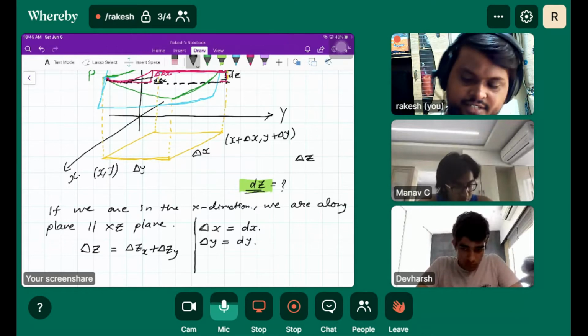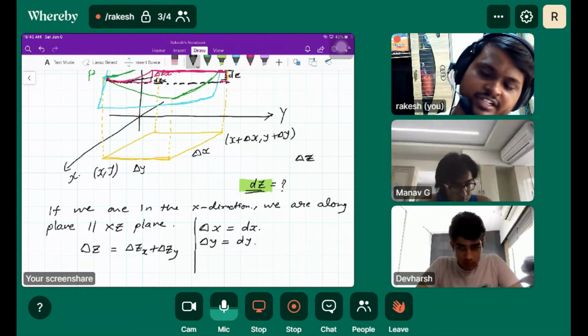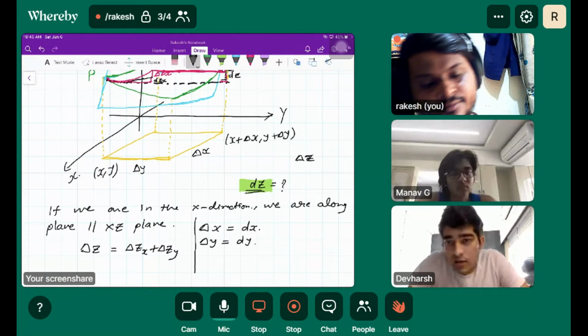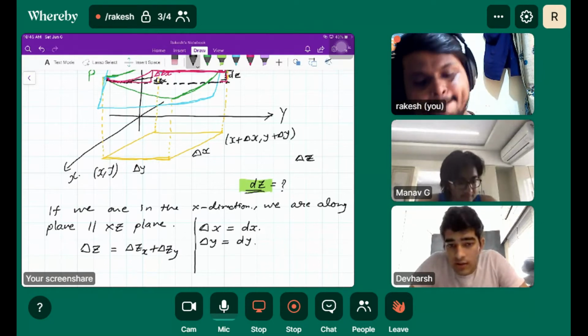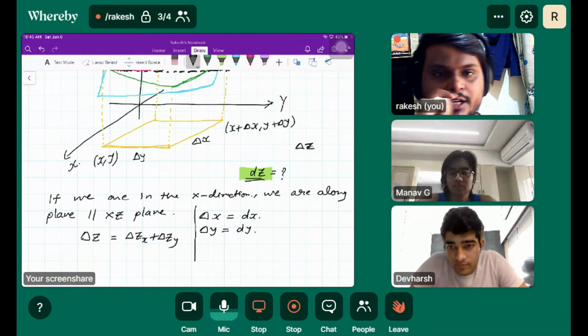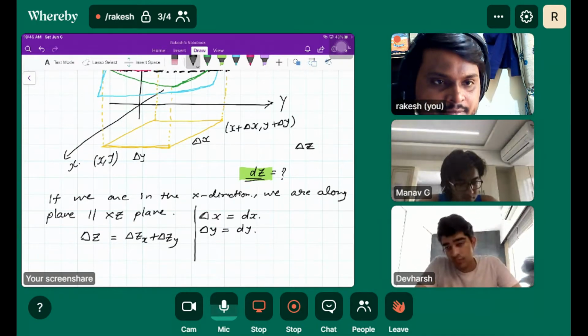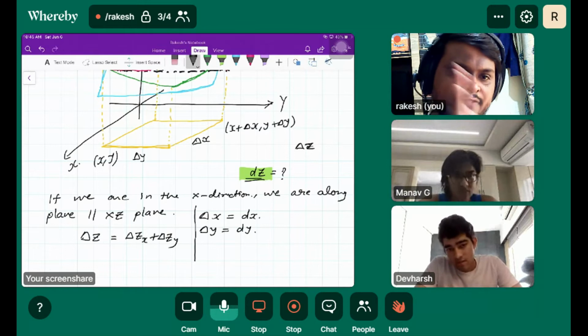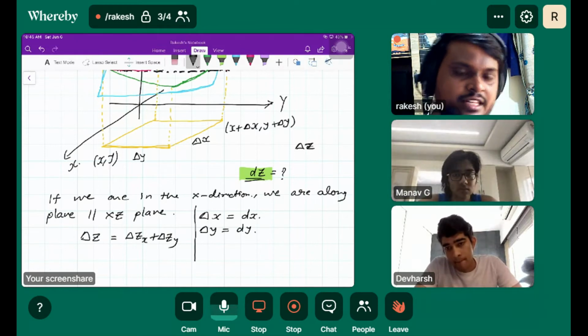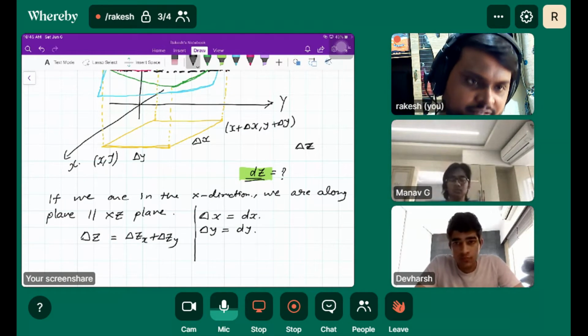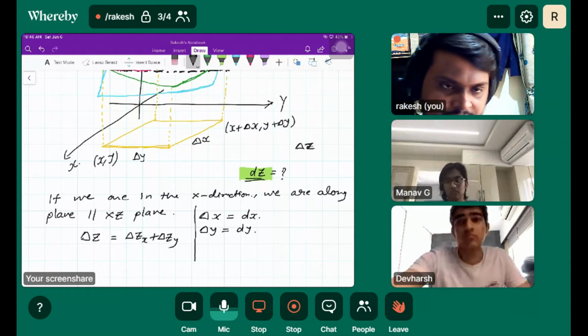What is delta zx? The increase in the height in the x direction. Yes, so that becomes one independent variable here. If you are taking one variable constant, keeping y as a constant, then you are converting the function into one independent variable, right?